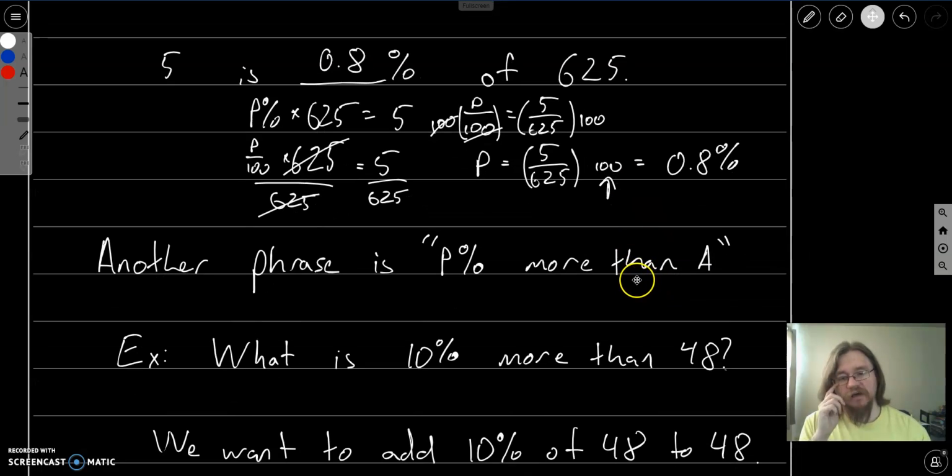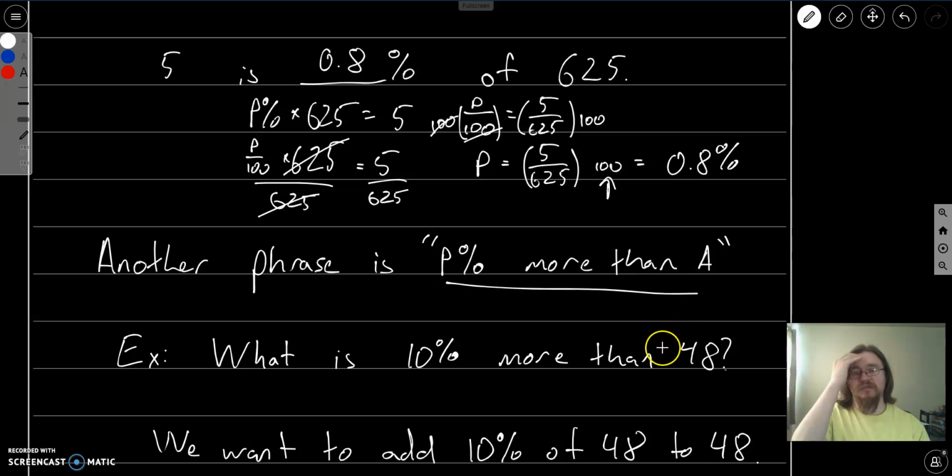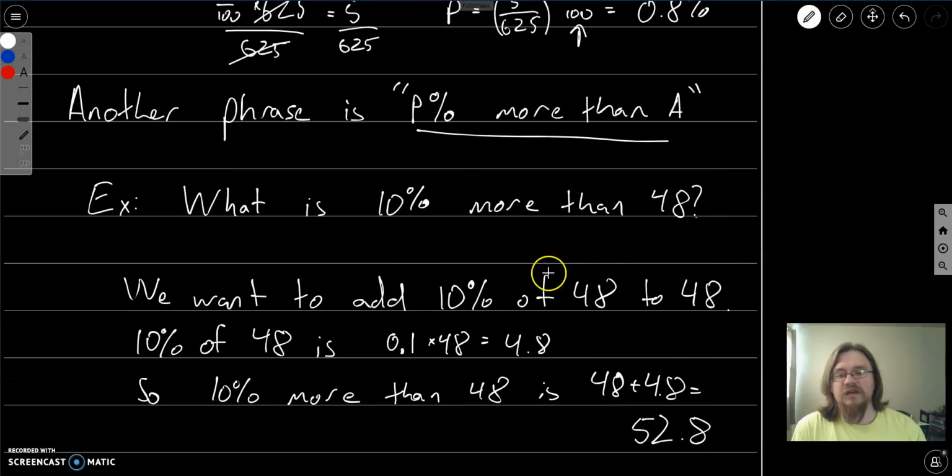So another phrase that we can see come up is p% more than some number. And this isn't p% of a, this is p% more than a. So if we think about this, we can go through an example of how we would expect it to be.